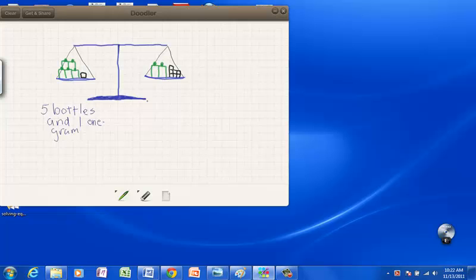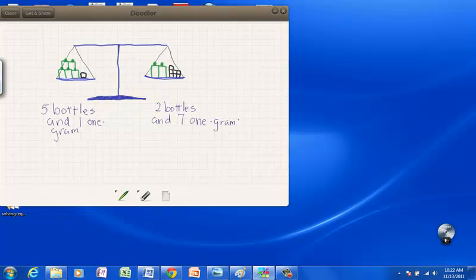And on the right-hand side, there's 2 bottles. And 7 1 gram weights. And you are told to write an equation for this and also to solve the problem.